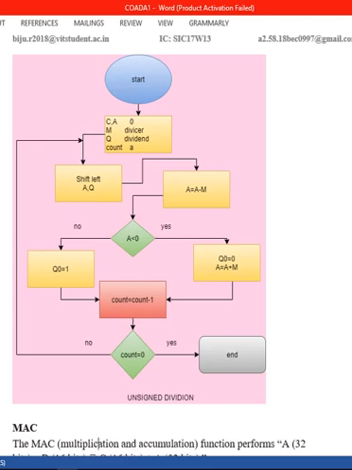If A is less than 0, then Q0 equals 0 and A equals A plus M, and the count value is reduced by 1. After that, check whether the count is equal to 0. If the count equals 0, the process ends. Otherwise, it goes back to the first step and shifts A and Q.